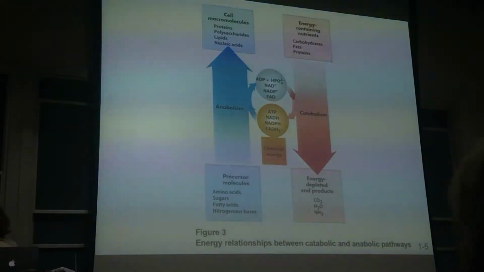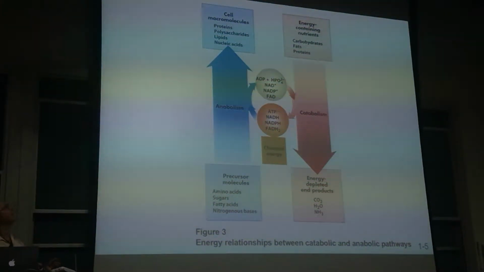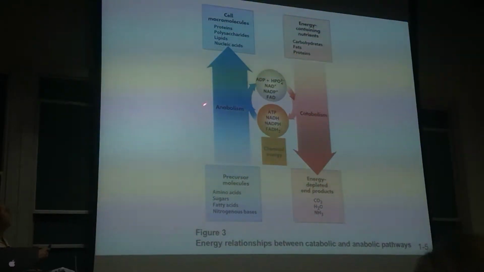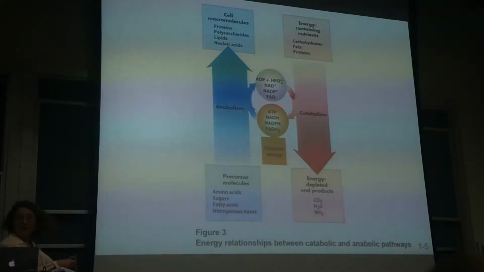And whenever you're doing that, you're putting in chemical energy, like ATP or NADH. These are reductants, FADH2. And then you're creating something more complex. So you're using chemical energy or electrons to make something that's more complex. That's anabolism. And catabolism is degradation.